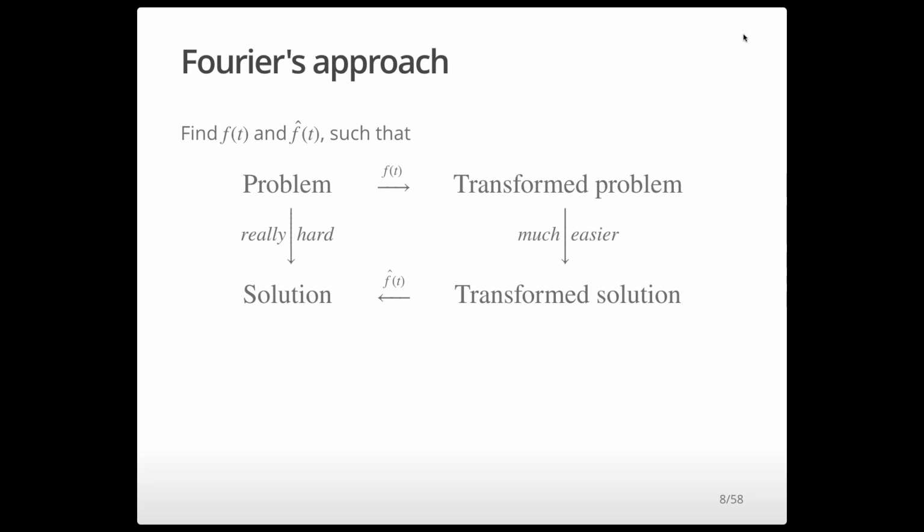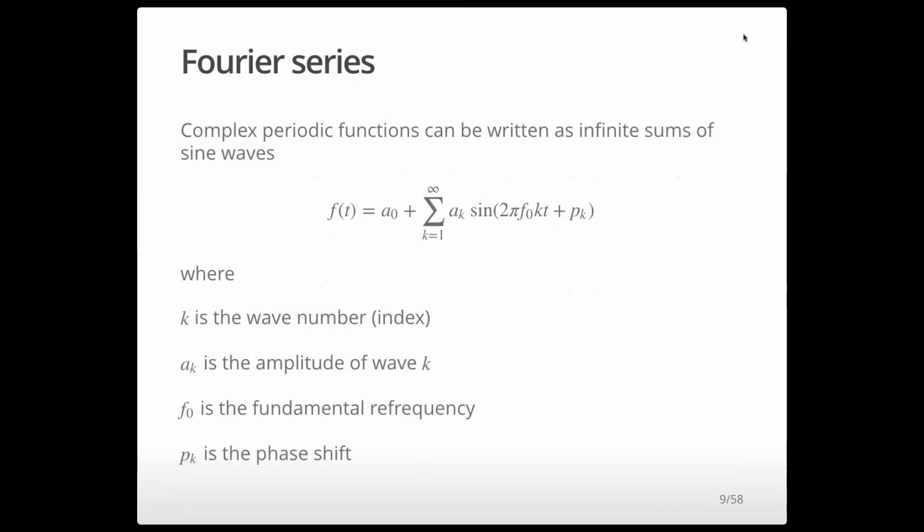So what he did was describe a number of Fourier transforms and inverse Fourier transforms that allow you to do this. So it turns out that working in this space with these types of problems is way easier than it is in normal space over here. So this led to some work where he described what he later called, after him, Fourier series, which means that you can describe some complex, typically periodic signal through time as an infinite sum of sine waves.